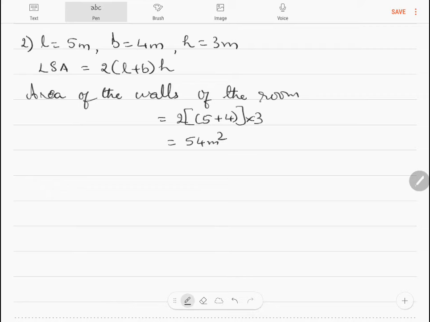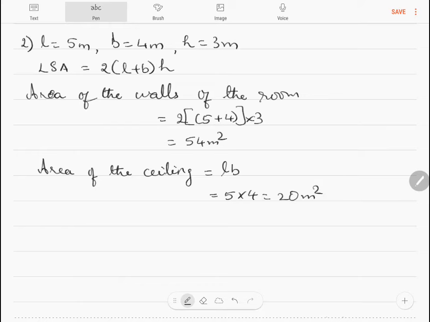Now the area of the ceiling is equal to L into B, which is equal to 5 into 4, which is equal to 20 meters square.